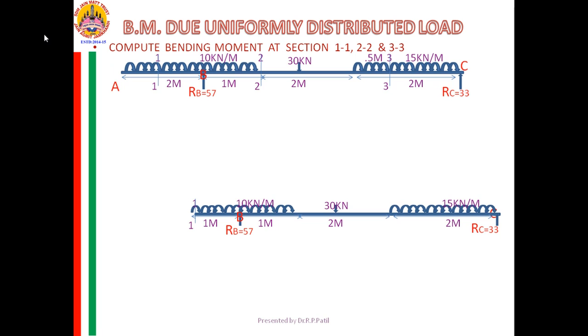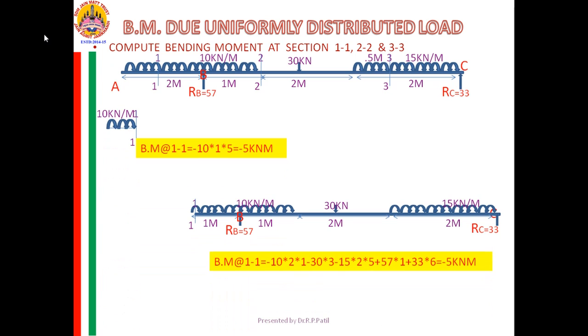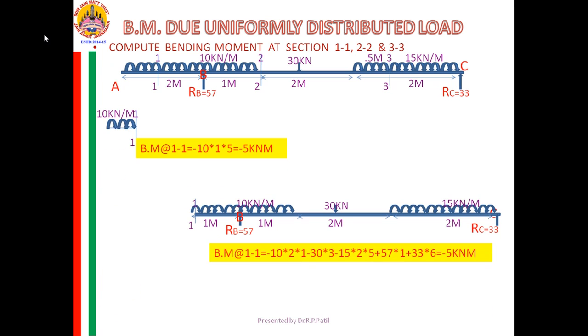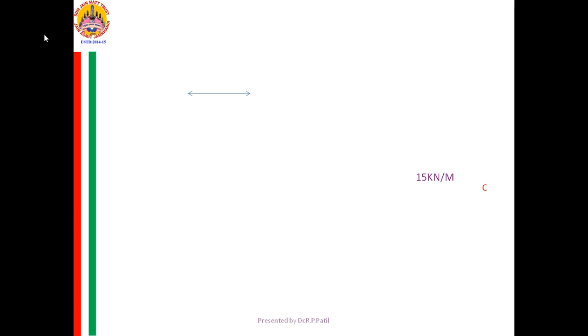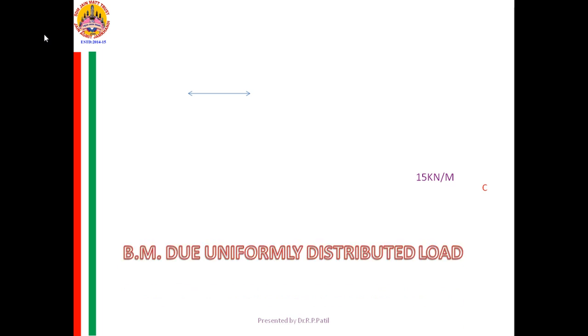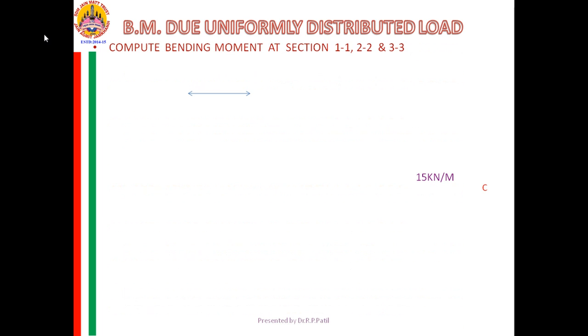If we study these actions as in the column, they are not the same for the whole length of the member. They are changing from section to section. Therefore, as a structural engineer, I should know where the shear force is maximum, where the bending moment is maximum.